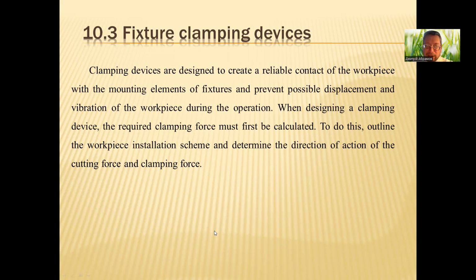When designing a clamping device, the required clamping force must first be calculated. To do this, outline the workpiece installation scheme and determine the direction of action of the cutting force and clamping force.